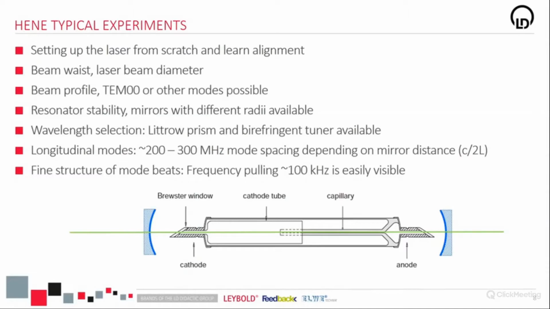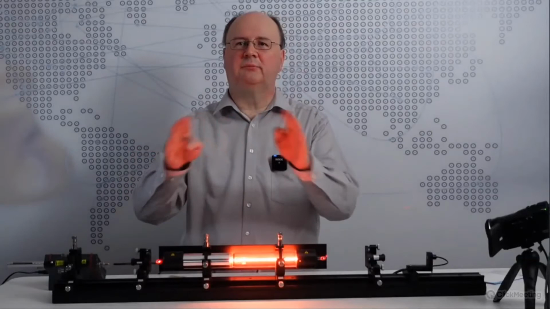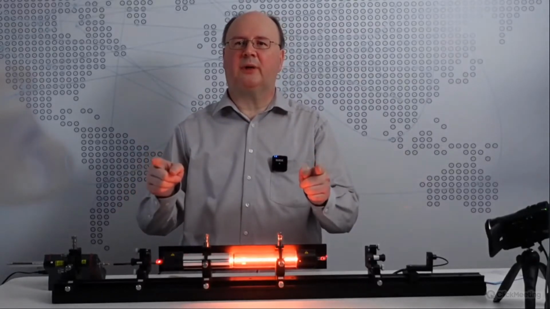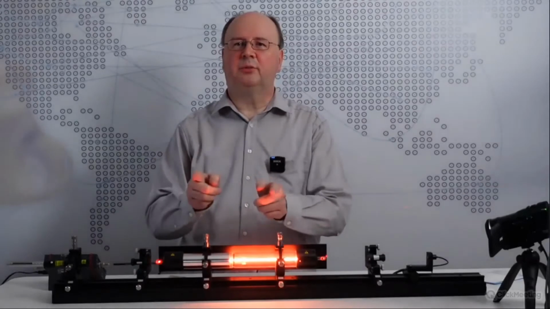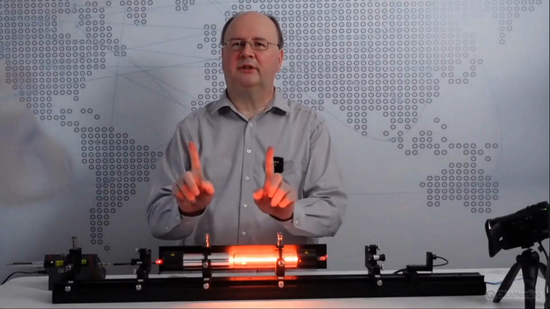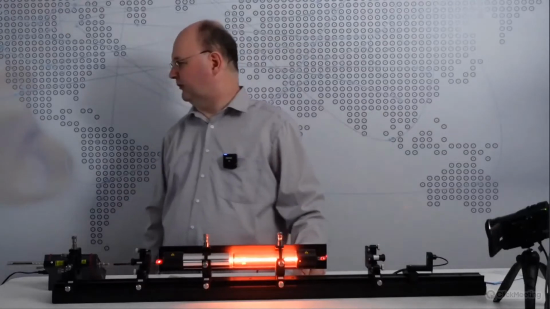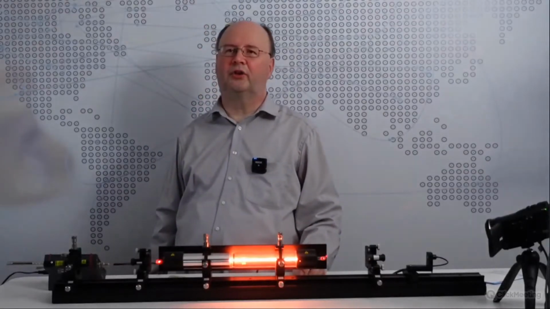It's a nice experiment, but time is running. Sorry. And what we can even see if we zoom into this mode beating frequency is a frequency pulling. So you might think of the gain medium having a shape like a Gaussian shape, 1.5 gigahertz wide, and we have several lines in between, and the resonator lines are pulled slightly inwards, and that gives me a frequency pulling of something like 100 kilohertz or so.